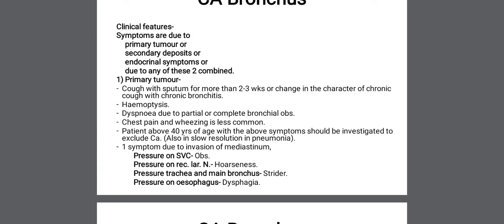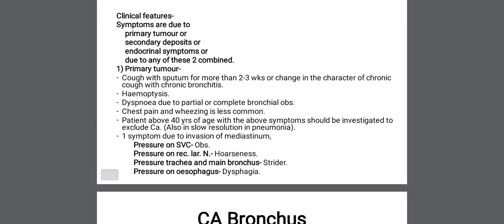If the tumor causes pressure on the trachea or the main bronchus, that will cause stridor. And pressure on the esophagus will cause dysphagia, that is difficulty in swallowing. So these are the clinical features that occur in primary tumor.